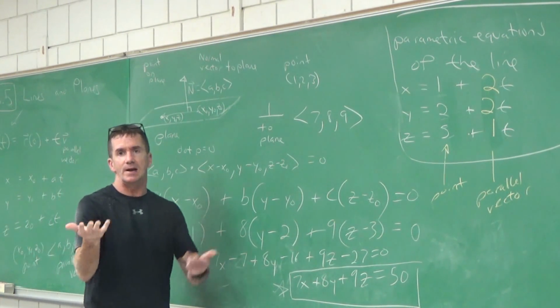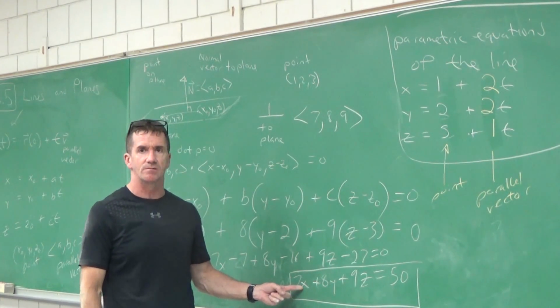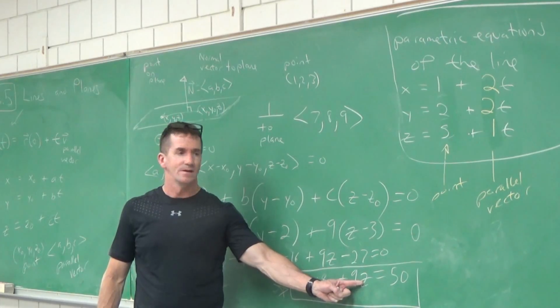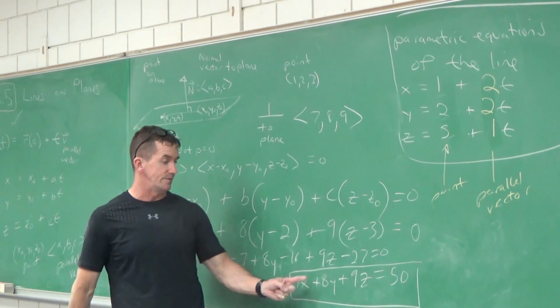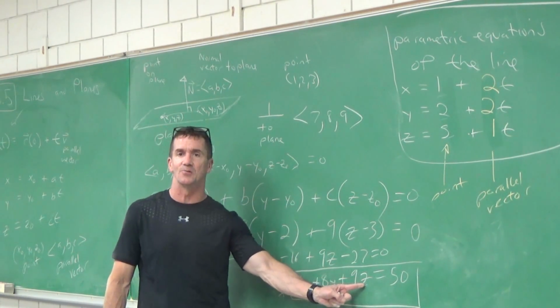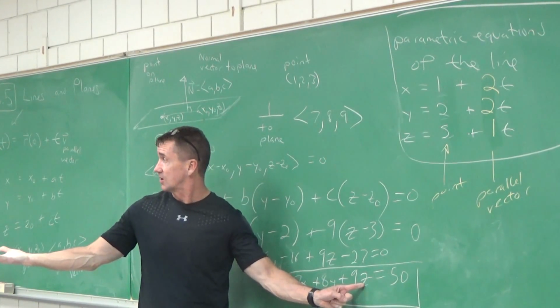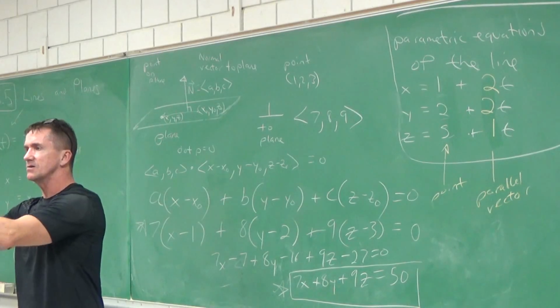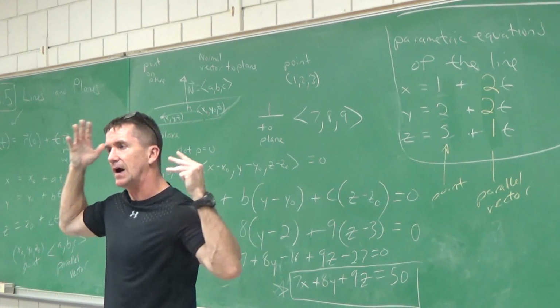And so if you wanted to find a bunch, I could let that equal 0, but then I'd have to solve for what? Z. 50 divided by 9. I could let this equal 1, this equal 1,000, then I'd have to solve for what? Z. Do you all agree? We could go all day long, just pick two numbers, then solve to see what the other is, we can find points all day long.